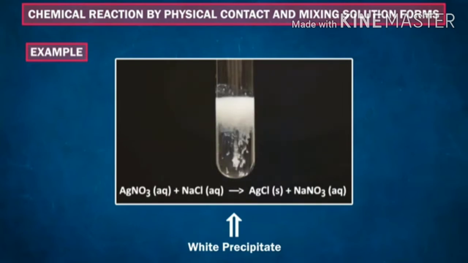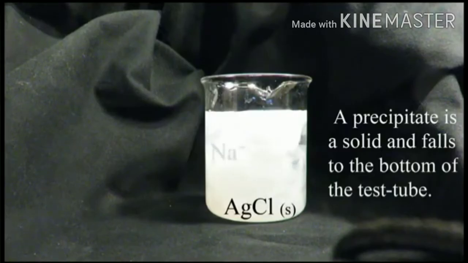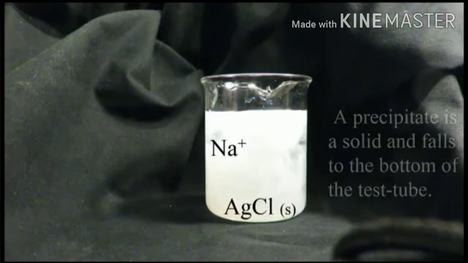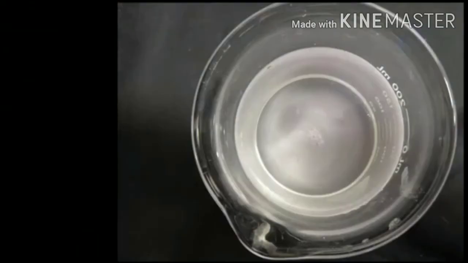Mix both the solutions. What do you observe now? Silver nitrate solution reacts with sodium chloride solution to form a white precipitate of silver chloride and sodium nitrate solution. This is the white precipitate of silver chloride.